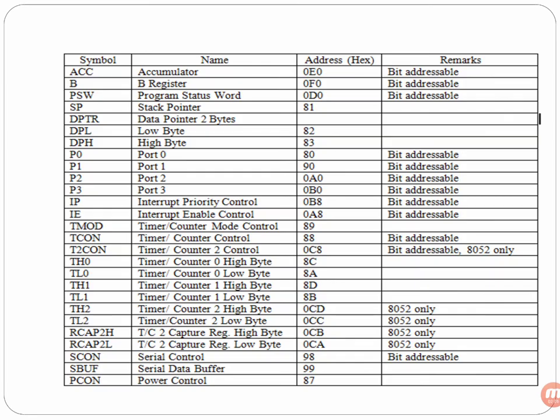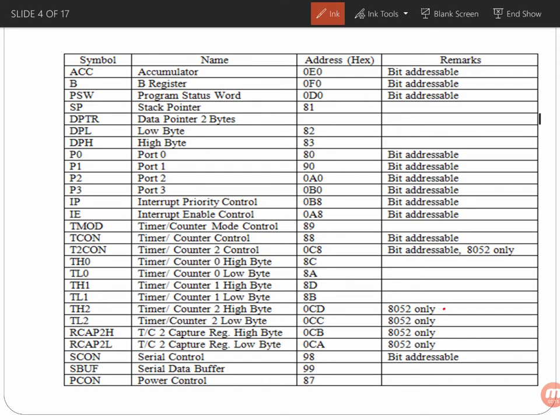All the 21 SFRs along with their functions and internal RAM addresses are given in this table. This table includes both 8051 and 8052 SFRs, but in today's class we will restrict ourselves to only the 8051 SFRs.